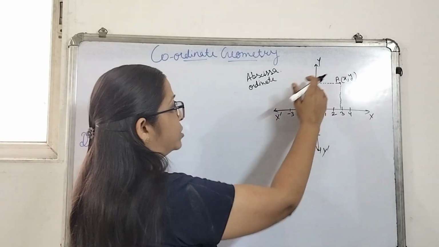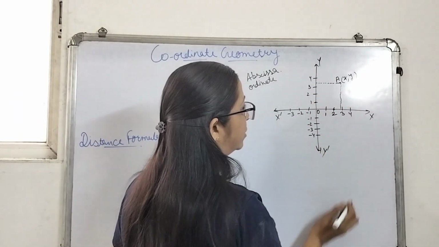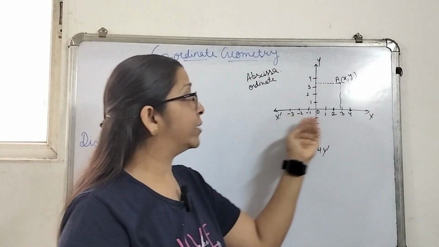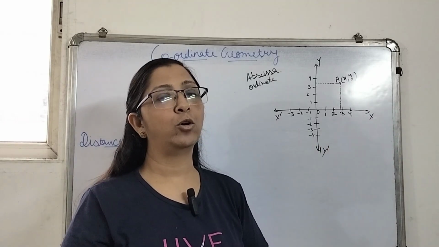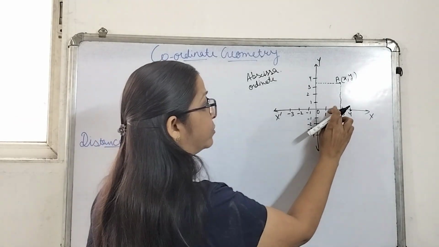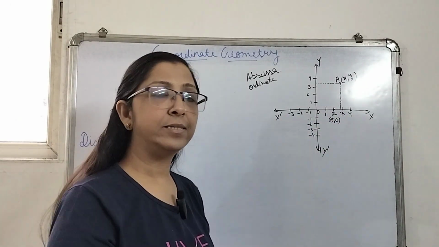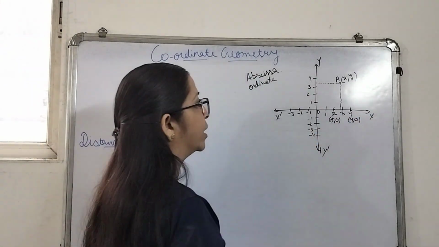Now if we take one point as 2 and another point as 4 on the x-axis, whenever we take any point on the x-axis, its y coordinate is always 0. So the coordinate of this point will be 2, 0 because it is on the x-axis, and the coordinate of this point will be 4, 0.